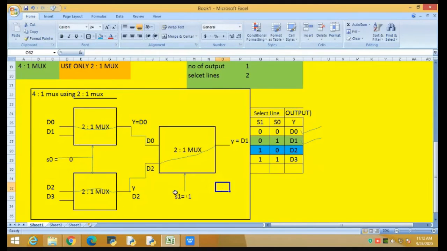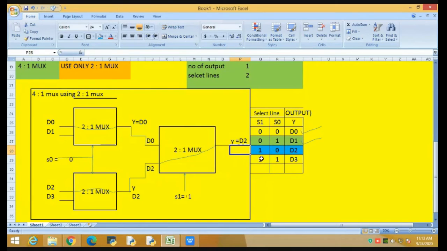But because S1 equal to 1, the second input is connected to Y. So what we get as output is D2. There is no connection here, so D0 does not come to the Y. Do you understand this part?